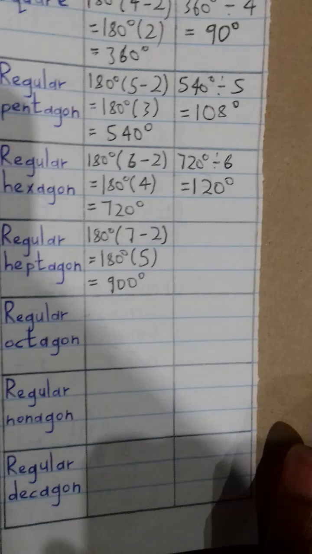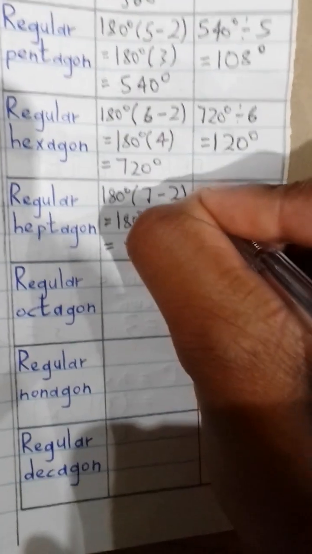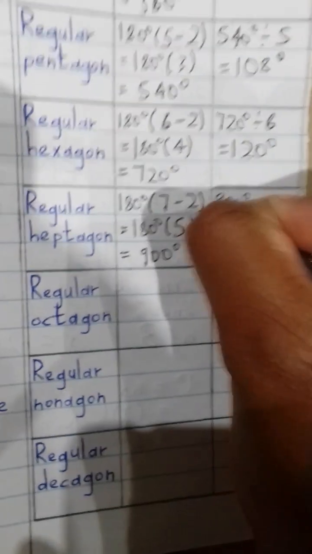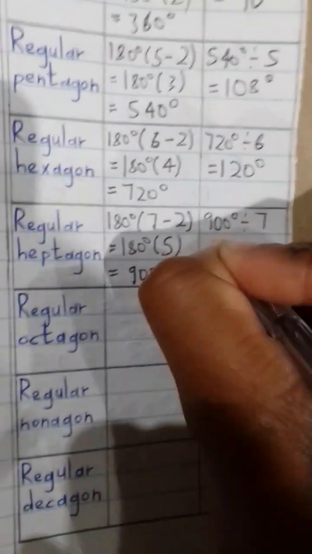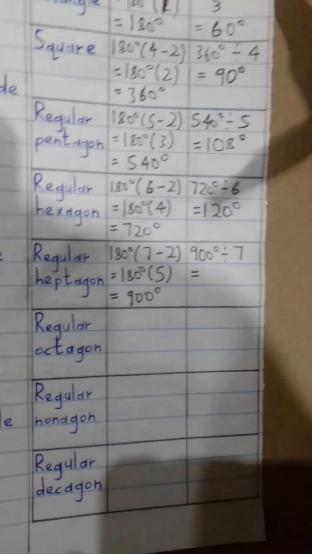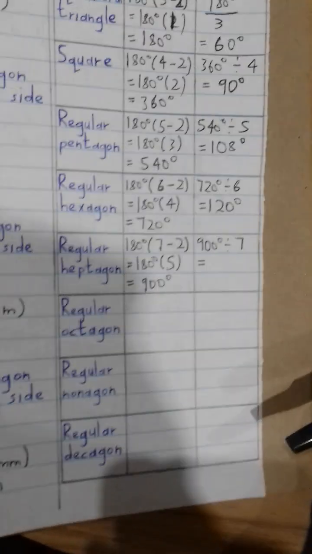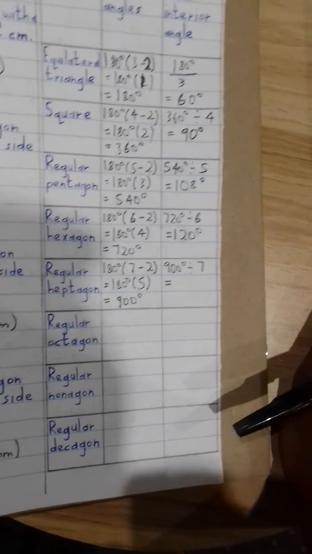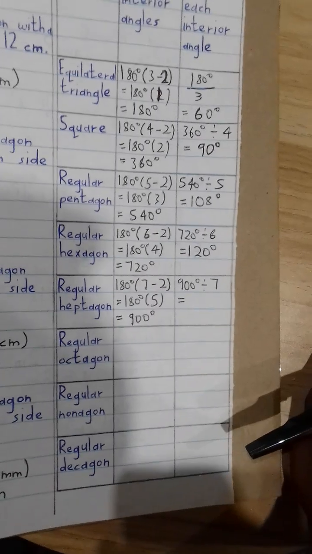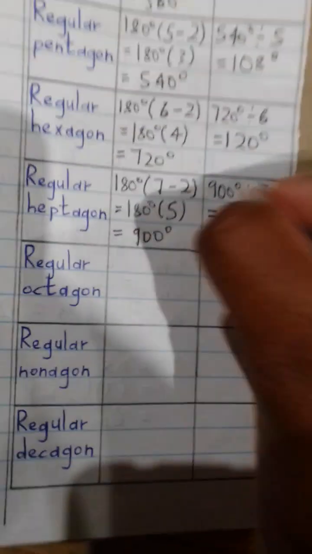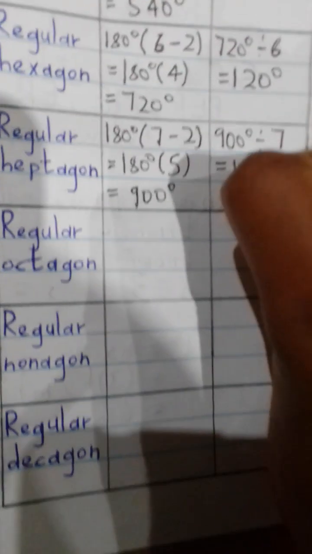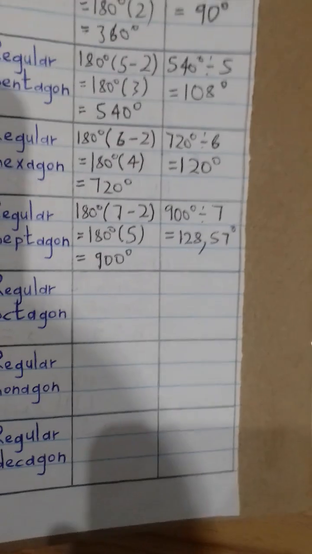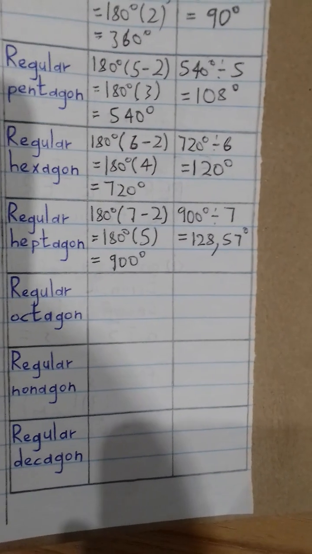The size of each interior angle is 900 degrees divided by 7, and I get 128.571428 recurring. To two decimal places, it's 128.57 degrees. I hope that is clear enough.